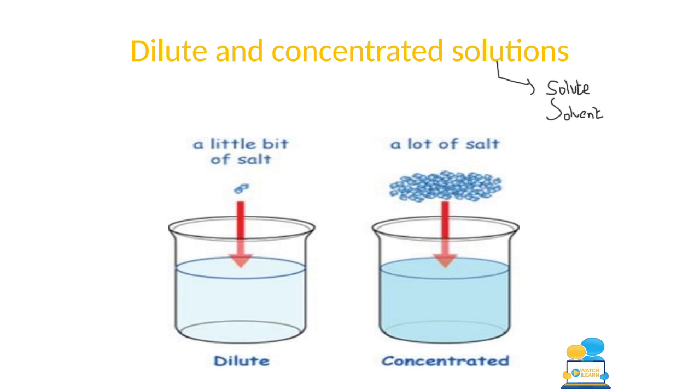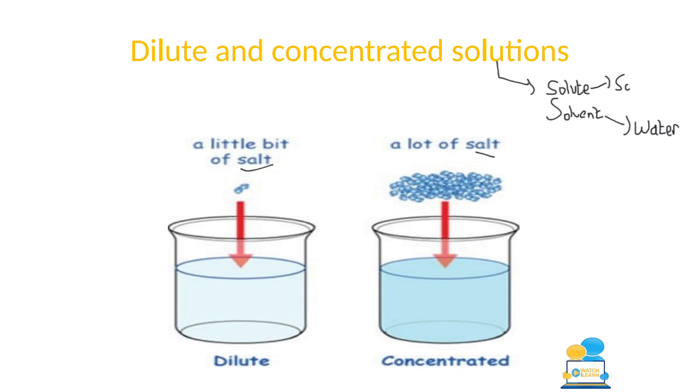And hopefully we're recalling that our example of a solvent is always going to be water. In this particular case that we see here on the screen, our example of a solute, the substance that is dissolving in the water, is salt.